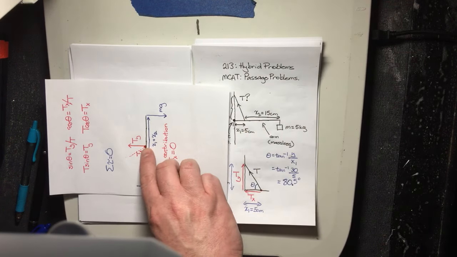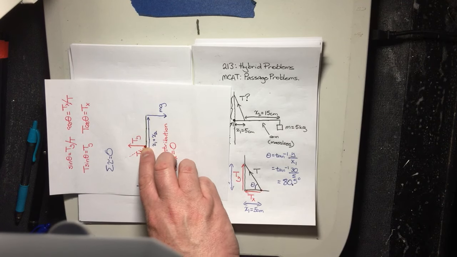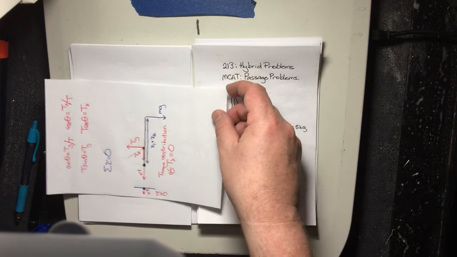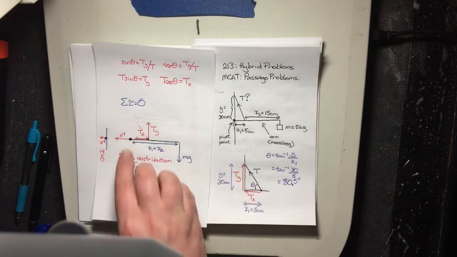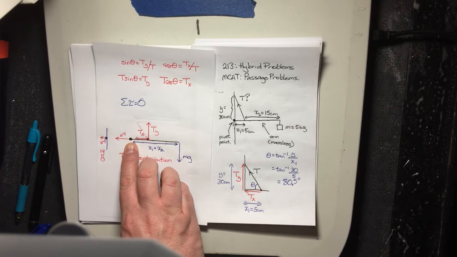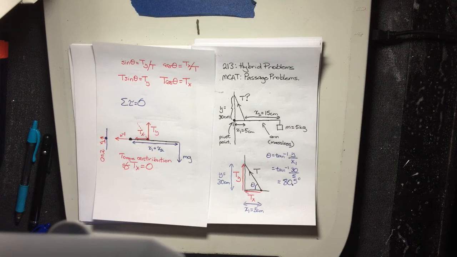Now granted, it is further back on the arm, but you can think about it and go, well, if that's pushing right at that pivot point, it's not causing it to rotate. It's just causing it to be forced into the wall. And so that's the explanation.